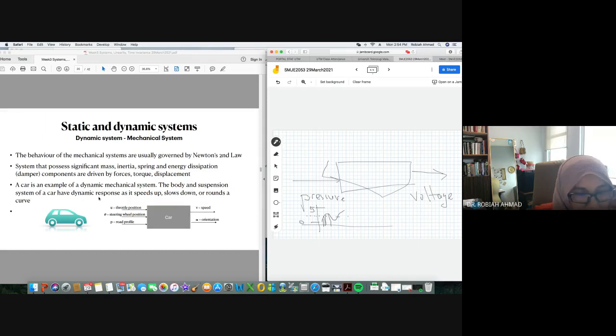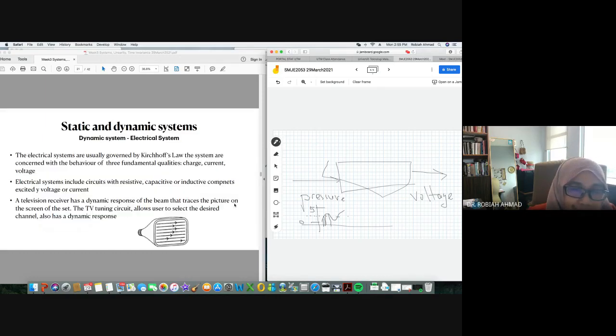The body and suspension system of a car have dynamic response as it speeds up, slows down or rounds a curve. Jadi bila kereta ni bergerak, dia ada inertia, kadang-kadang kita brake dia slow, it still moves. So this is an example of a mechanical dynamic system.